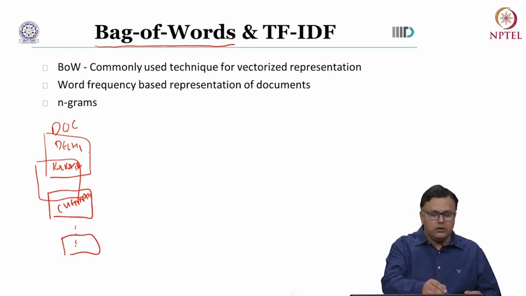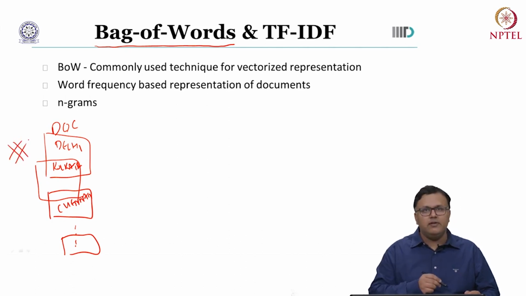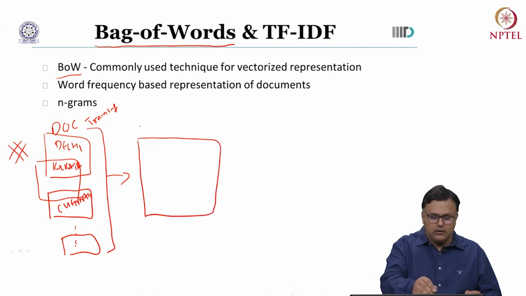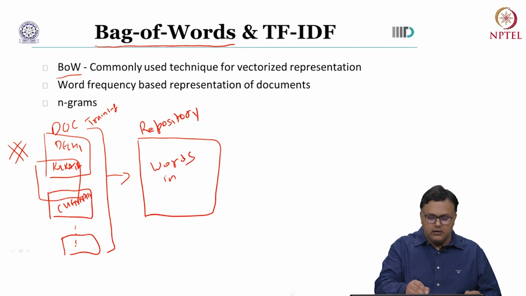Now, the content in each document would be different. That would mean the number of words in each document will be different. What we want to do in the plain vanilla bag of words representation, friends, is take all the documents which are present during training and create a large repository which contains all the words, all the words in my training documents.